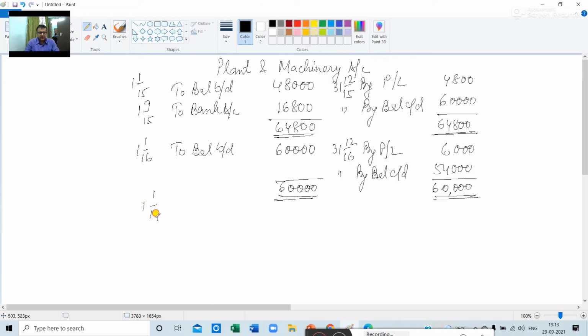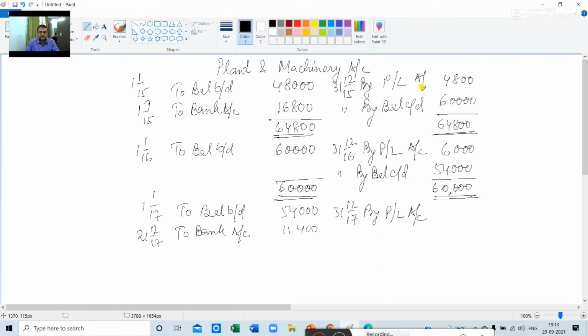Then again on 1st January 2017, to balance BD was 54,000, and on 21st December 2017, there was an addition of machinery of 11,400, and on 31st December 2017, you have charged depreciation, that is by P&L account 5,400. So the balance was rupees 60,000.